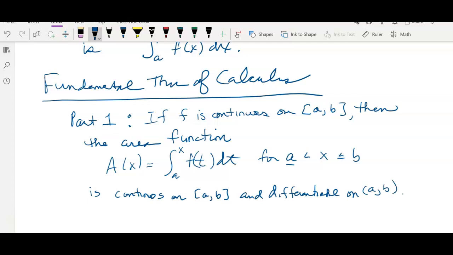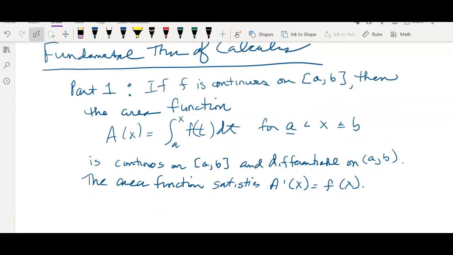And the area function satisfies, meaning if you take the derivative of the integral, what do you get back?